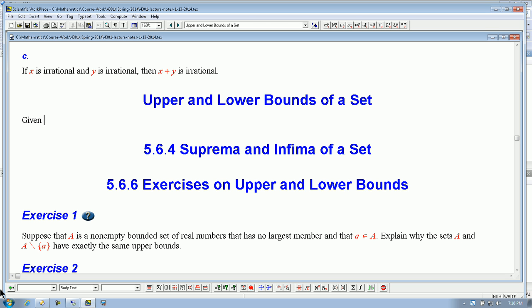Given a set E of numbers, convention: if I ever forget to tell you that a set is a set of real numbers, it's understood. All our sets are going to be of real numbers. If I ever want a set of chickens, I will tell you. I don't have too much use for sets of chickens.